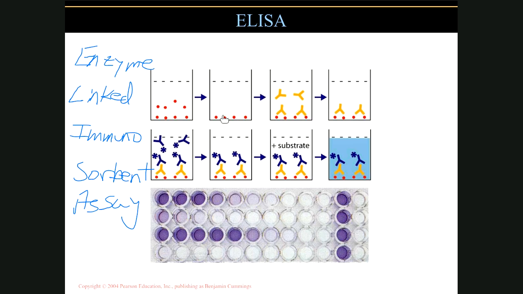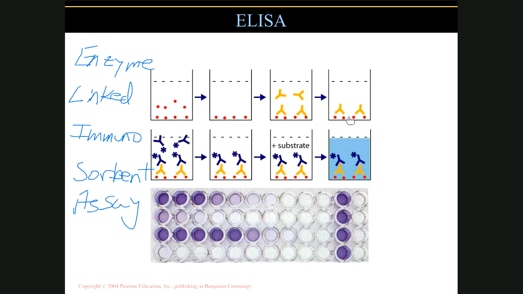And you can get these commercially produced to test for different things like HIV or COVID-19. And so the idea is you take some serum from a patient, you add it to the well. If the patient has antibodies to the antigen, they will stick to the well.